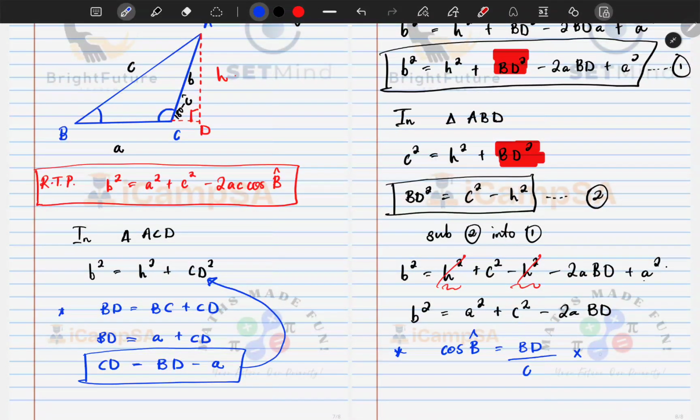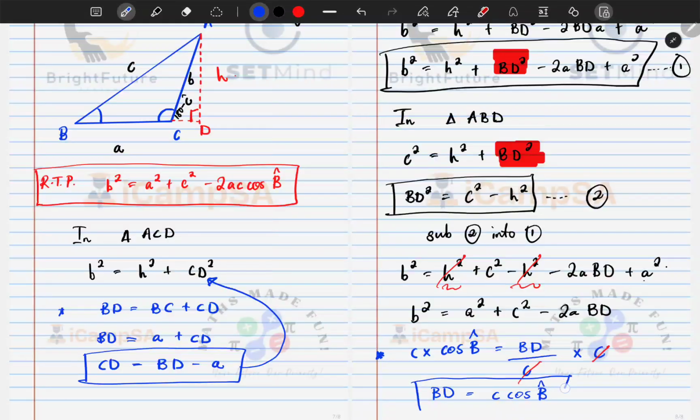So now I can multiply by c both sides, and also multiply by c here. This and that will cancel, and then what I'm going to be left with is bd is equal to c cos of angle B, right?